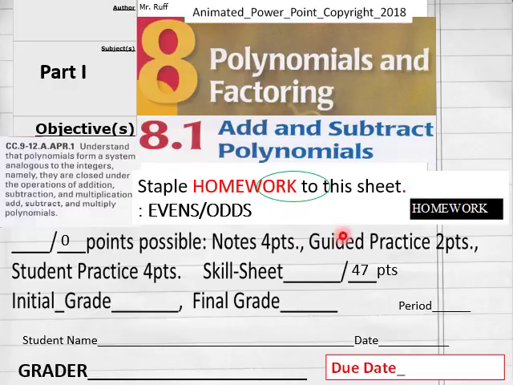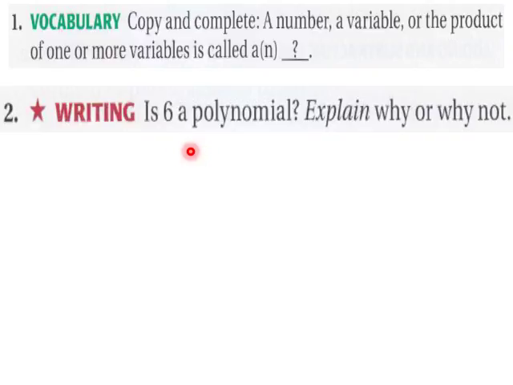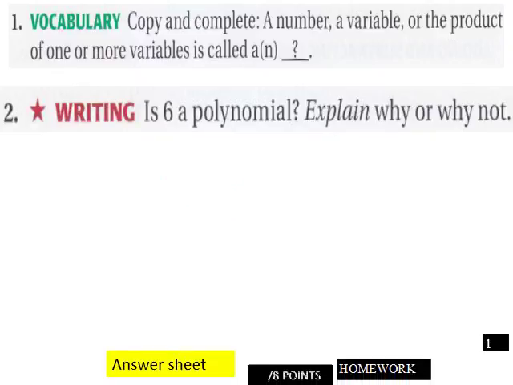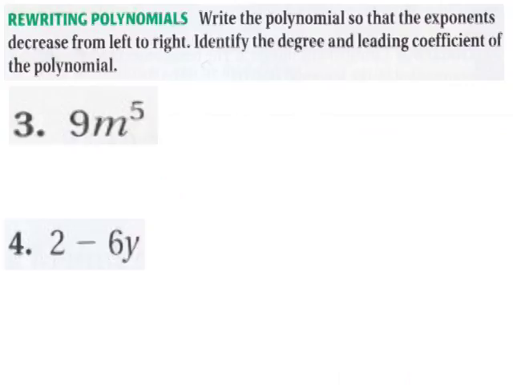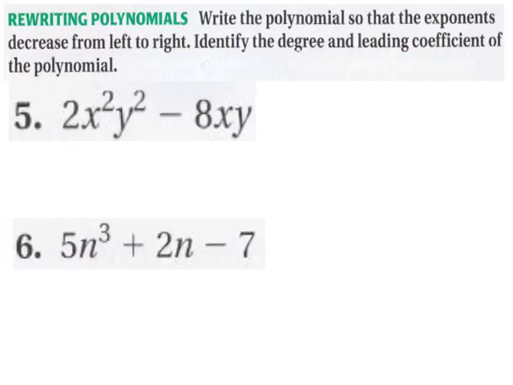And then our homework. This is our homework for 8.1, add and subtract polynomials. Vocab and writing. Copy and complete. Is 6 a polynomial? Explain why or why not. Rewriting polynomials. Identify the degree and leading coefficient of the polynomial. Same thing here.